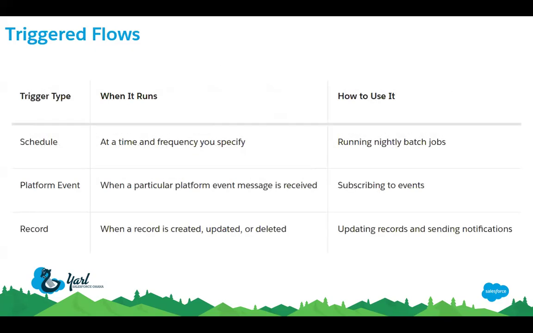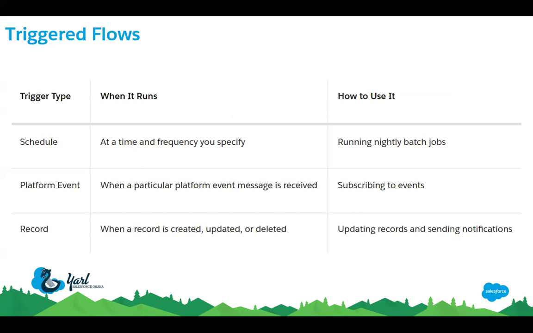So basically, for triggered flow, there are three types. One is scheduled triggered flow, which means you will schedule the flow to run at a given time, at a given interval. For example, as I mentioned earlier, every day at 12 o'clock or every day at 11 o'clock. Likewise, you can schedule that.